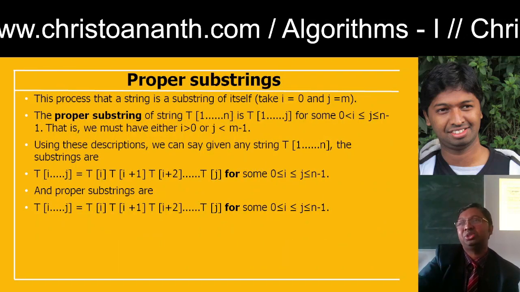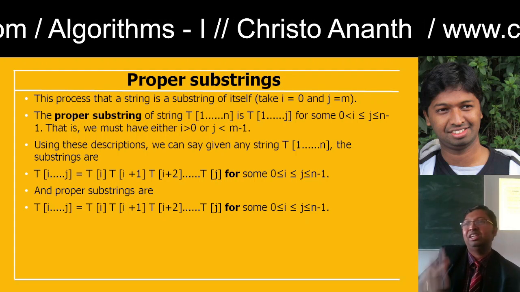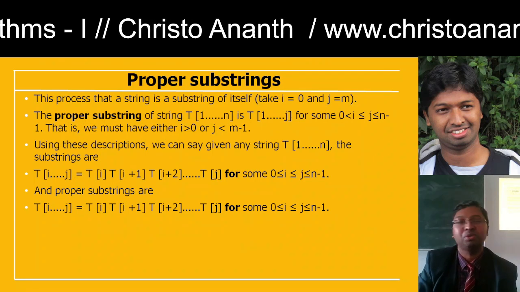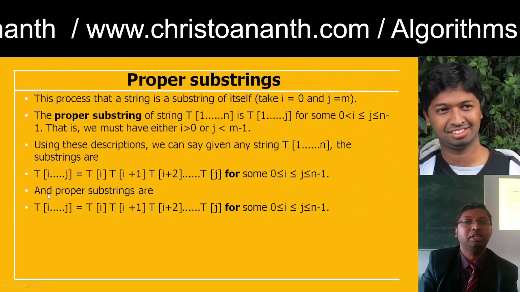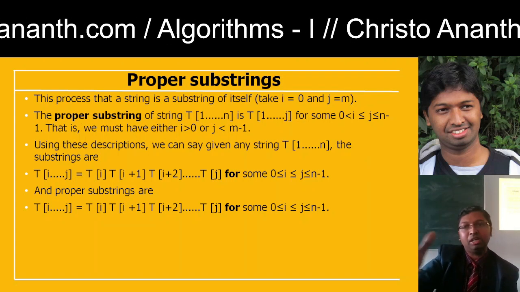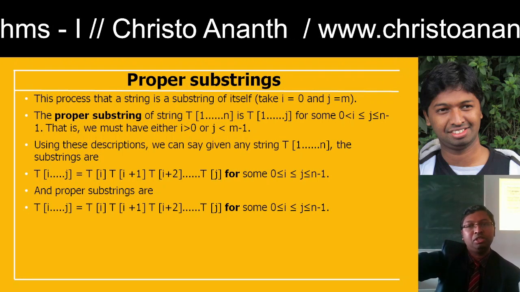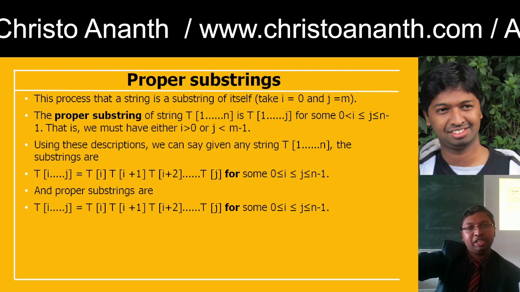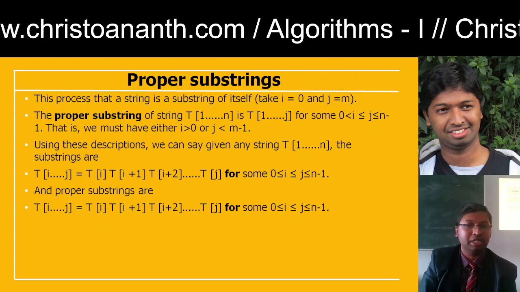If I show you with an example, you will understand better. Let me show you the procedure. A proper substring of the string T[1..n] is T[i..j], where both i and j vary from 0 to n minus 1.